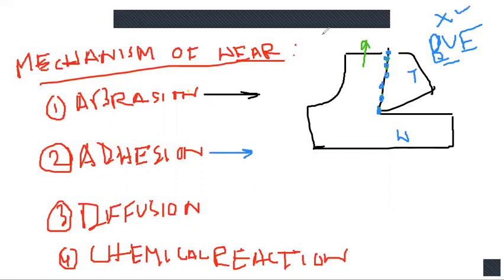Okay, now third point is diffusion. What is diffusion? We already know diffusion is a process in which an exchange of atoms occurs at the tool chip boundary, so that the tool surface becomes depleted of the atoms responsible for its hardness.